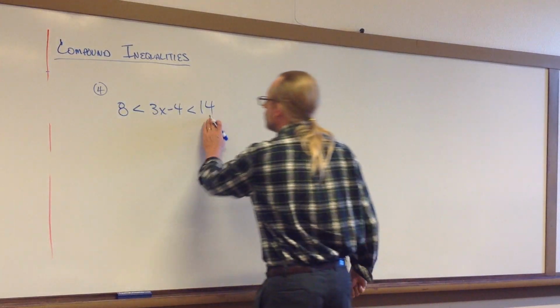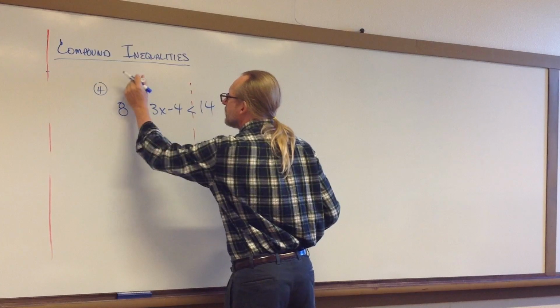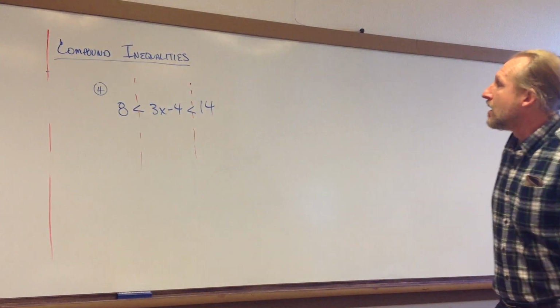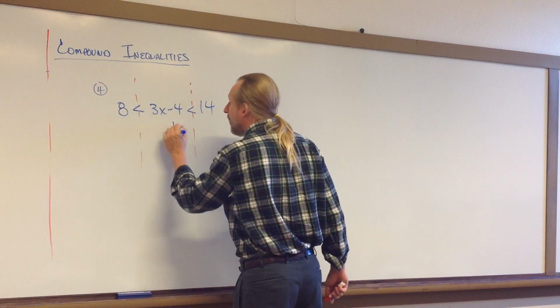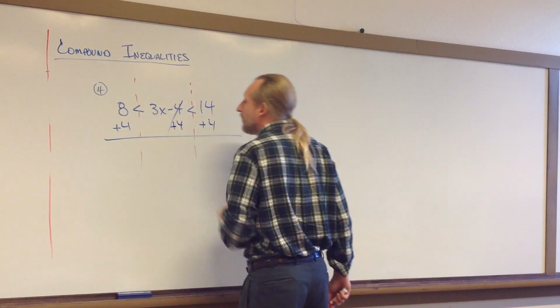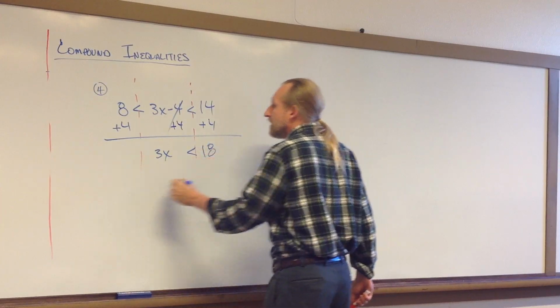And notice again, we've got those 3 places where we're going to have to do anything that we do in one of those places, we have to do in the other 2. All right? So, for starters, we're going to add 4 in all 3 places. So, those cancel out. That leaves us with 3x. Over here we have 18.